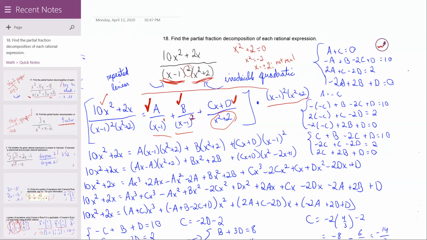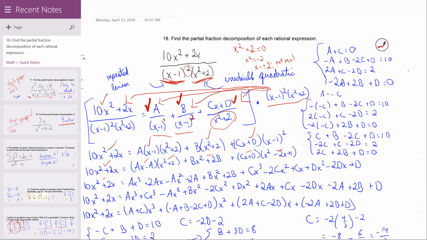So when you multiply the original, the whole denominator cancels. When you multiply by the a term, just one of the x minus 1 terms cancels. When you multiply by the b term, the x minus 1 squared cancels. When we multiply by the cx plus d term, the x squared plus 2 cancels. So as you can see, this definitely took a lot of work. But here I am just distributing the variables.